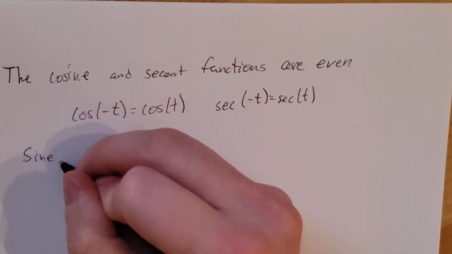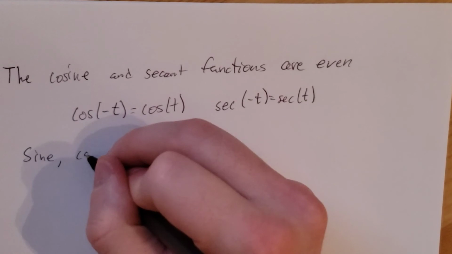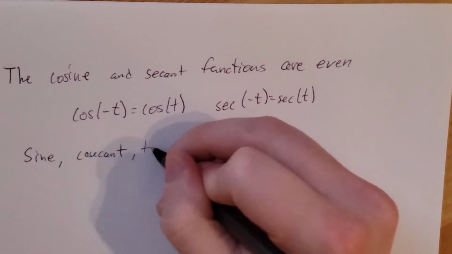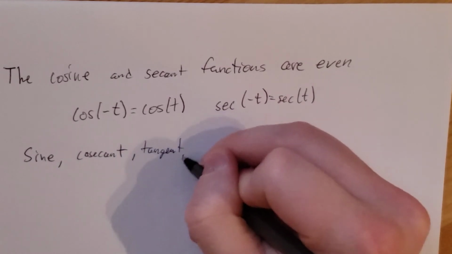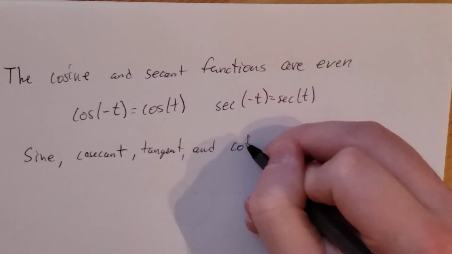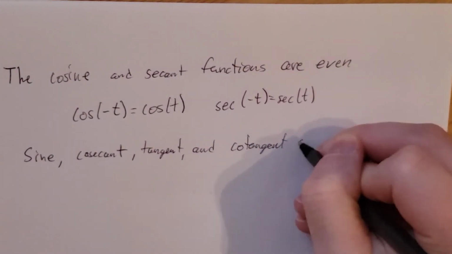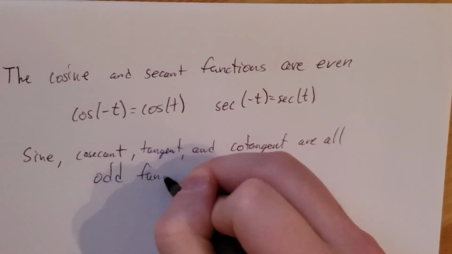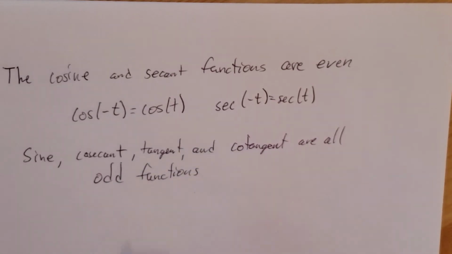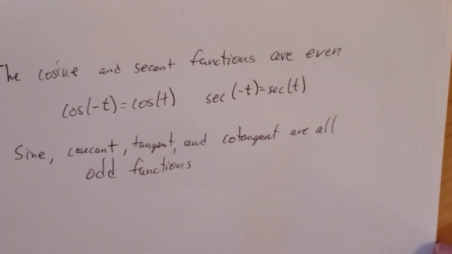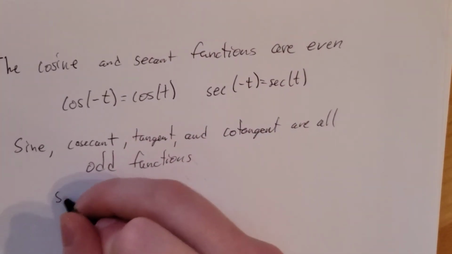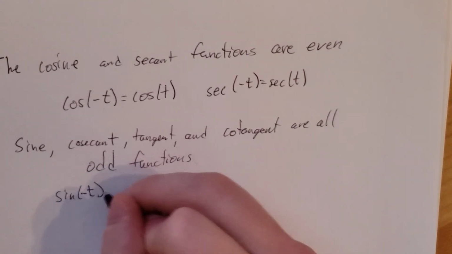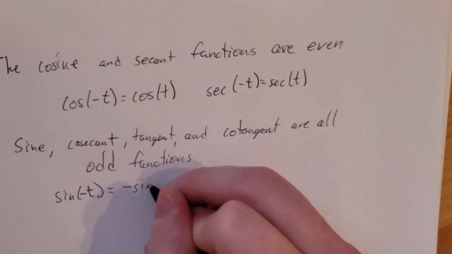Sine, cosecant, tangent, and cotangent are all odd functions. You might remember what those mean at this point, but just as a reminder, sine of negative t is equal to negative sine of t.